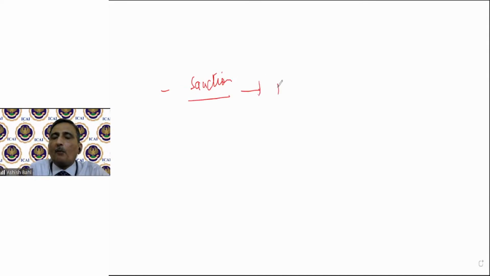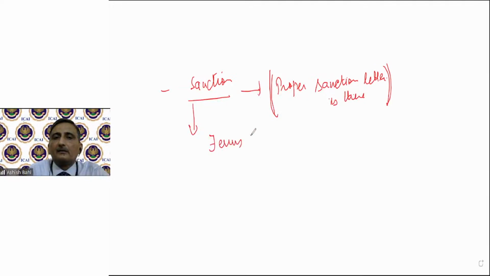He would see that a proper sanction letter is there, and that the loan is released, it is disbursed, according to the terms of sanction.